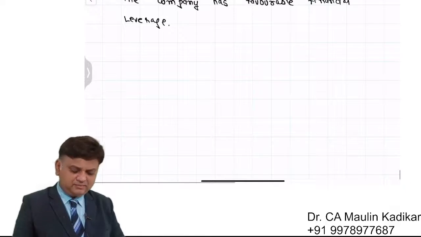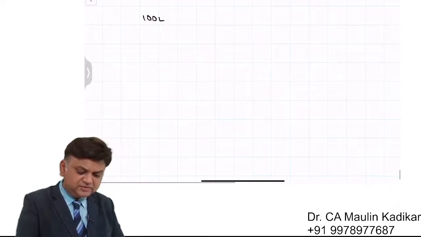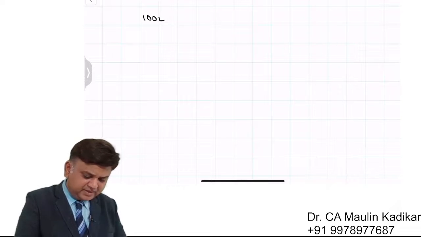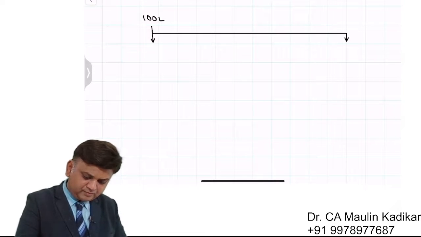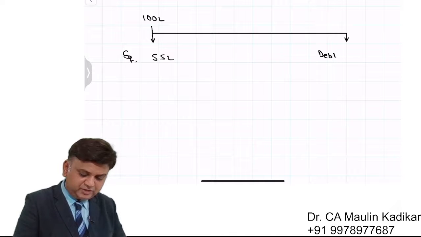At the same time, a smart student like you can also have a working like this. For understanding, 100 lakhs is divided into two parts. 55 lakhs is the own financing. So equity is 55 and debt is 45.